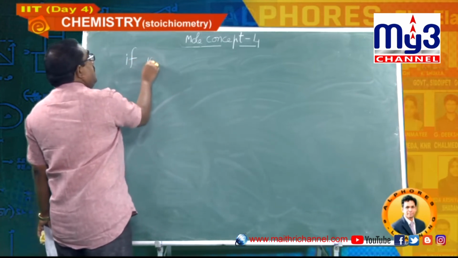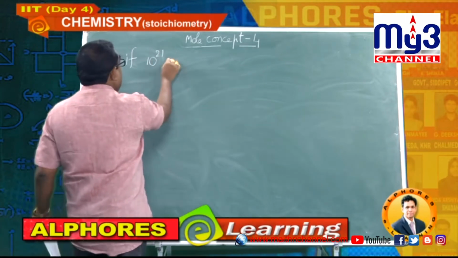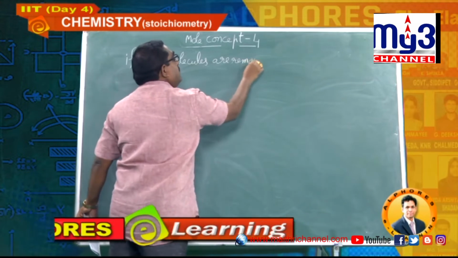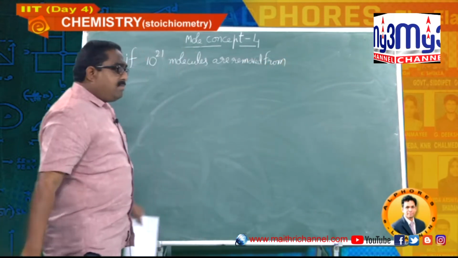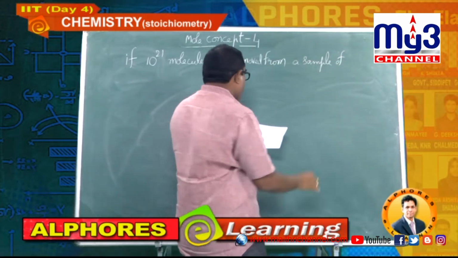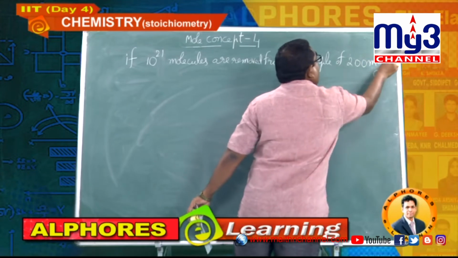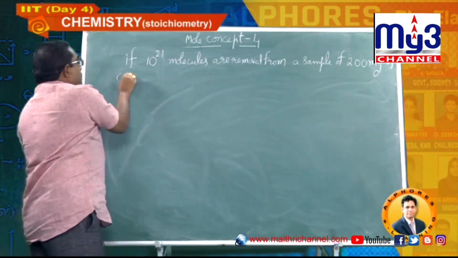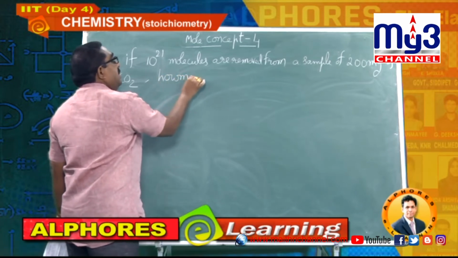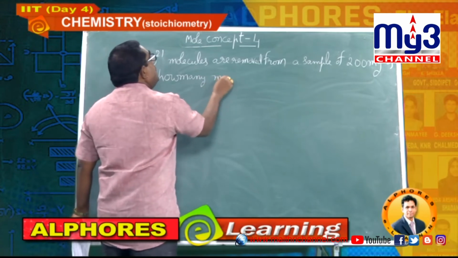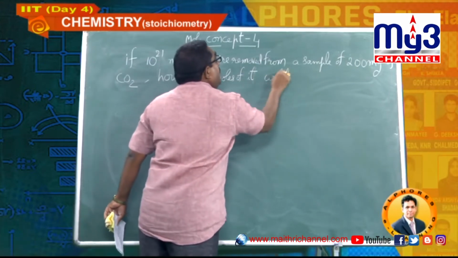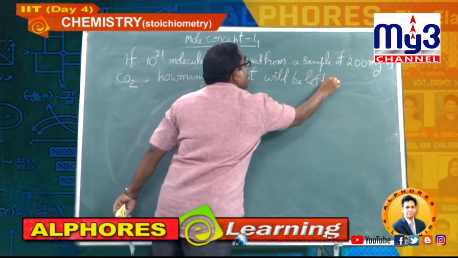If 10 power 21 molecules are removed from a sample of 200 milligrams of carbon dioxide, how many moles of it will be left?